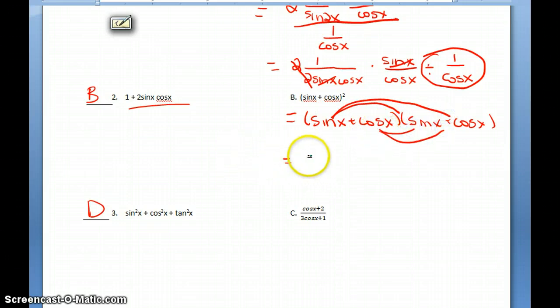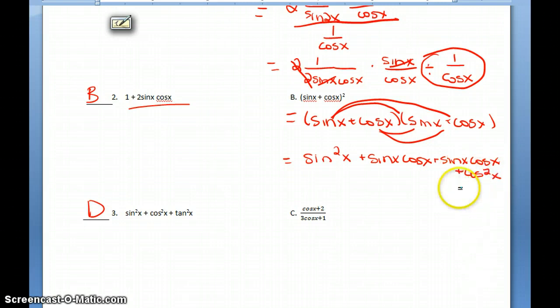What we have is sine of x squared, and then plus sine of x times cosine of x, plus sine of x times cosine of x, and adding cosine squared x. From here I'm going to simplify. We have sine squared x plus 2 sine x cos of x plus cosine squared x.